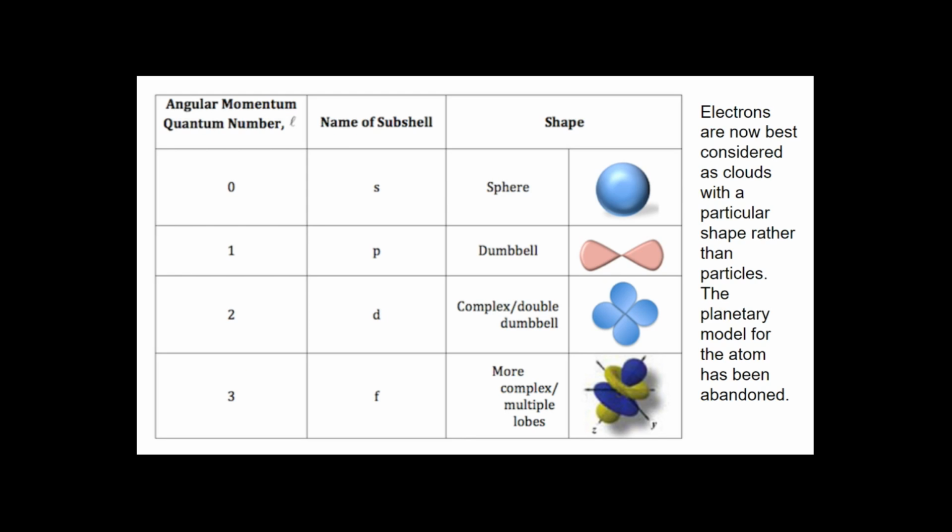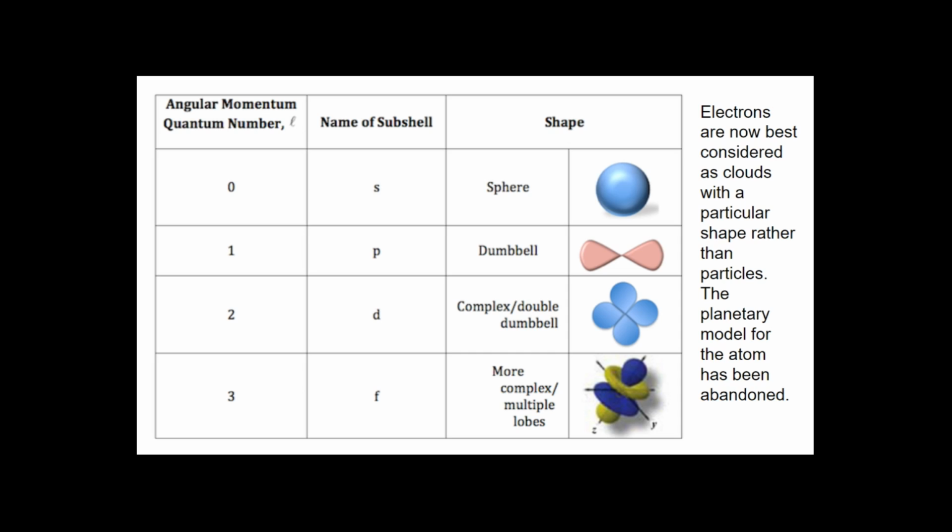And the subshells. The first subshell, the s, is shaped like a sphere. The p is dumbbell shaped. The d is a complex dumbbell, although there's one d orbital, the dz squared, which is slightly different.